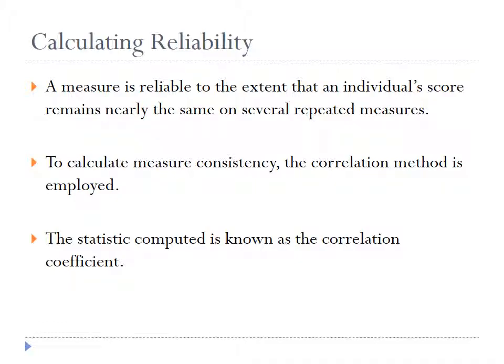When we look at calculating consistency, the correlation method is what we use. Correlation is a measure of relationship. How related are two different variables?